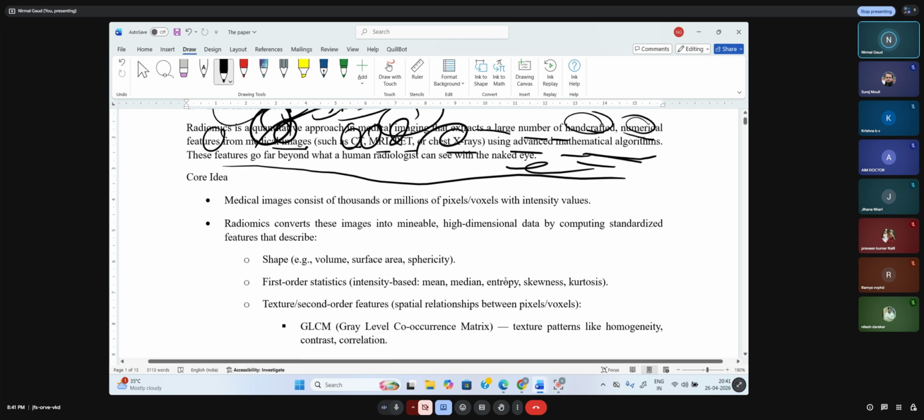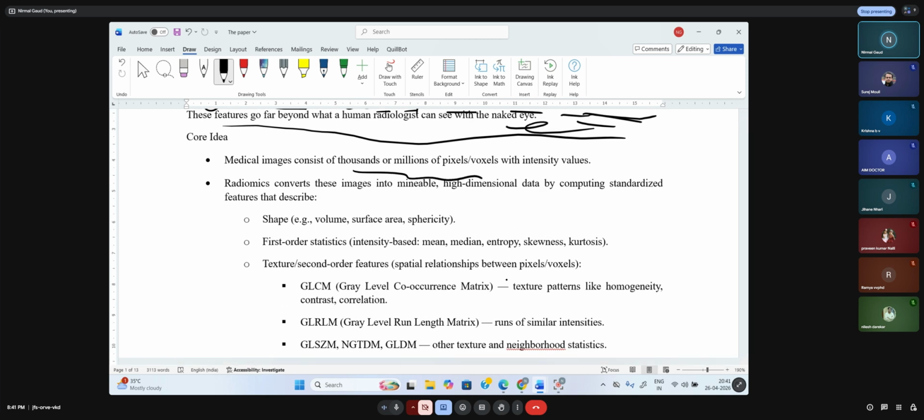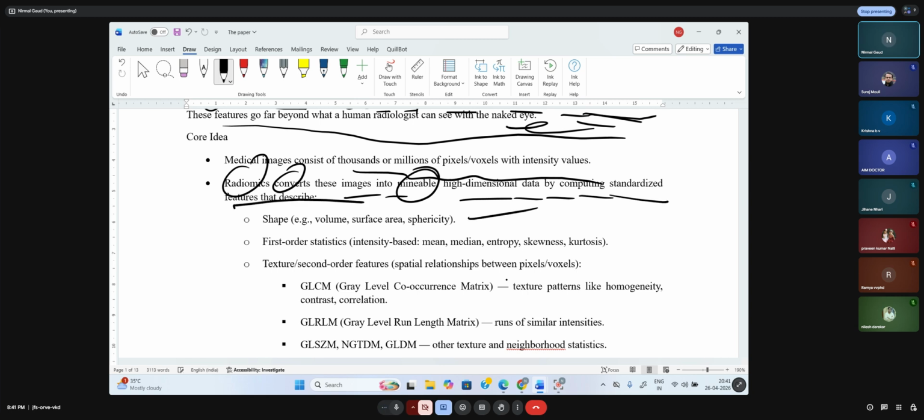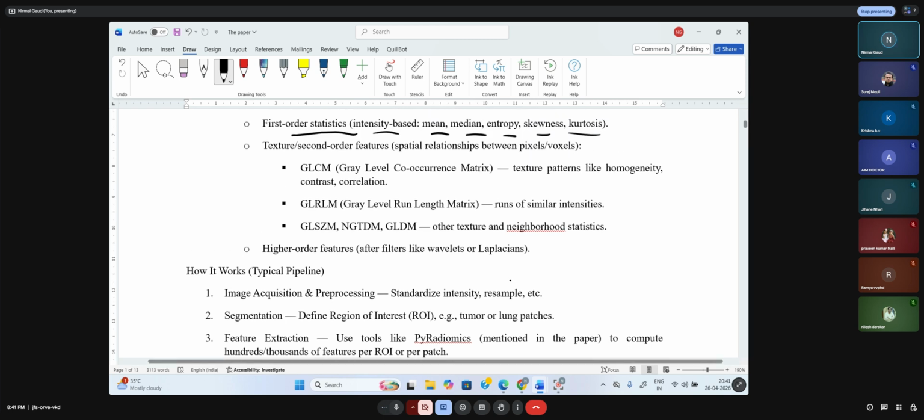The core idea is that medical images consist of thousands and millions of pixels with different intensity values. Radiomics converts these images into mineable high-dimensional data by computing standardized features like shape and first-order statistics like mean, median, entropy, skewness, kurtosis, which I already told you about. GLCM, GLRLM and so on.